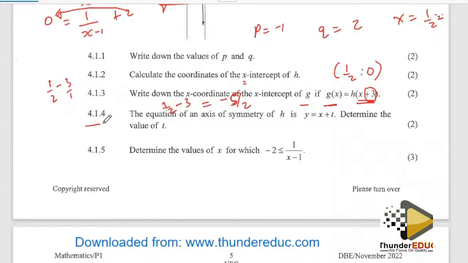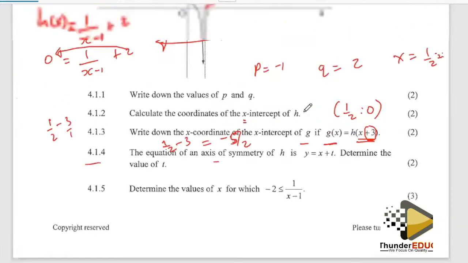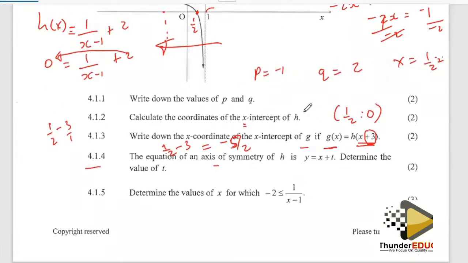Then 4.1.4, they want the equation of the axis of symmetry of H, which means the new graph. Okay, that is y is equal to x plus t. Now, the equation of the axis is this, H. Can you determine the value t?